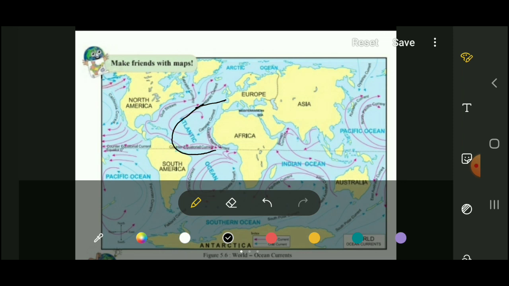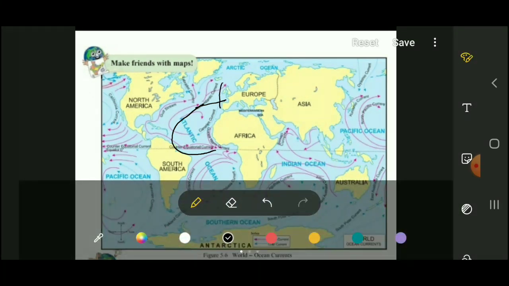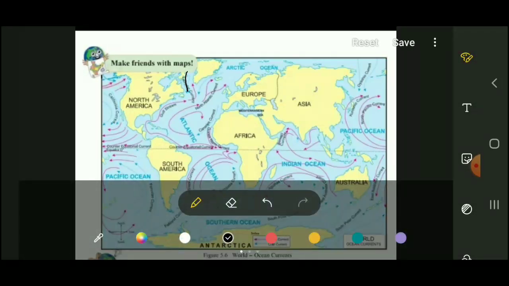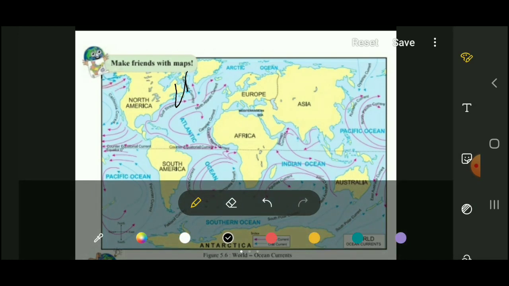As warm currents are moving from the equatorial region towards the polar region, this particular area of Europe will be having warm temperature. But on the other hand, if you see the cold currents which are moving here, as the cold currents are moving near it, these coastal areas will be having cold temperature.